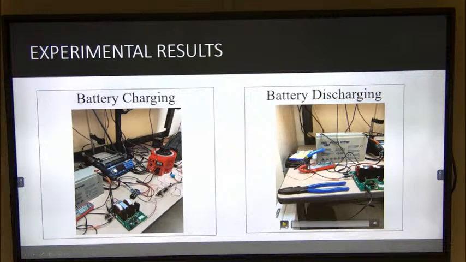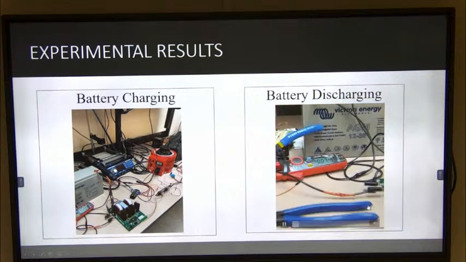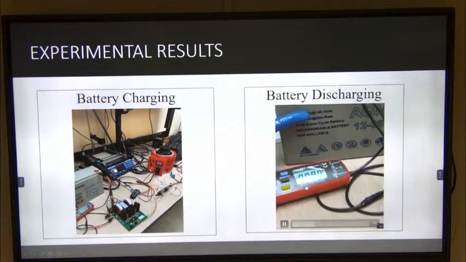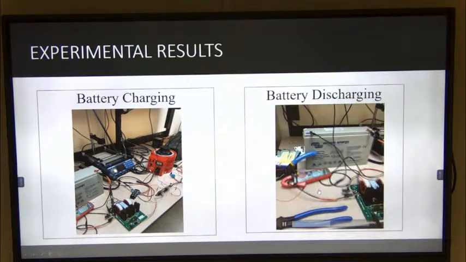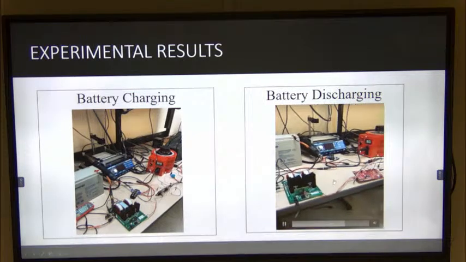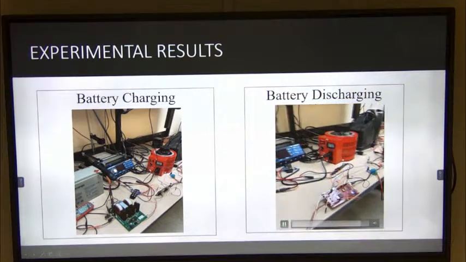The second video is of the battery discharging, so there's a negative number on the amp meter, so we know that the system is working the other way.